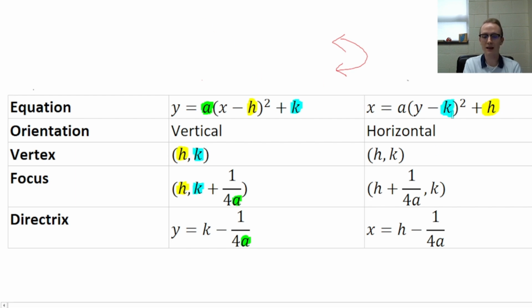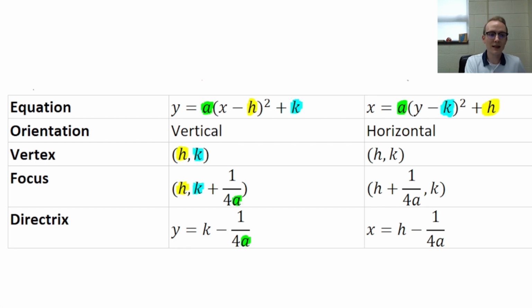K is inside the parentheses, impacting the input now, y, which is also inside the parentheses. So x and y have switched, h and k have switched, a is still out in front of that parentheses, and it still makes the parabola fatter or skinnier, depending on if it's greater than 1 or if it's in between 0 and 1. Okay?